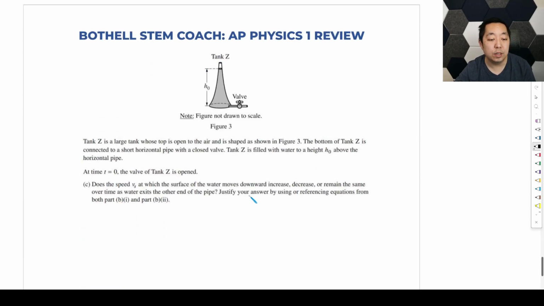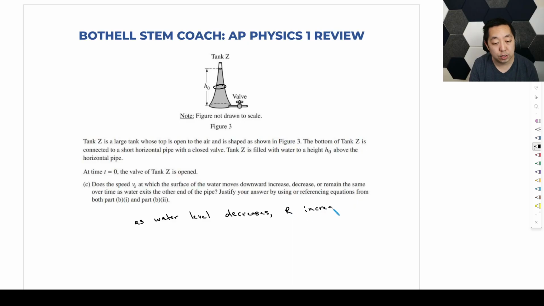So remember that what's going to happen here is as it gets lower, clearly the radius is going to increase. As the water level decreases, the r is going to increase, right?